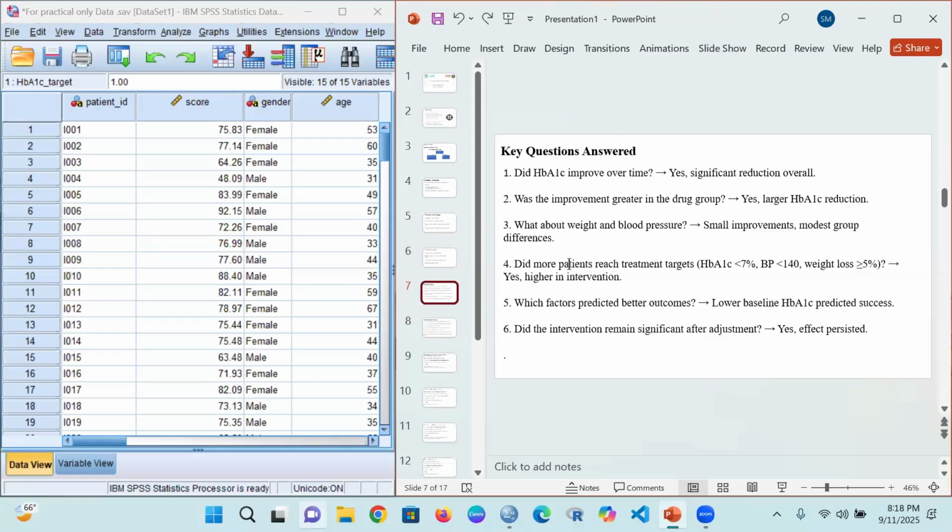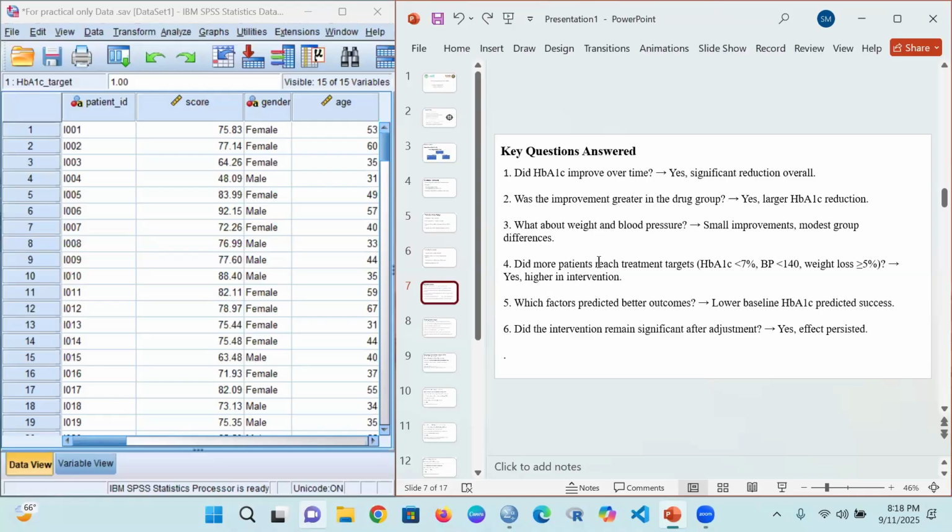Did more patients reach the target? You have also answered this question. The patients under the drug reached the HbA1c target of less than 7 compared to patients under placebo. So, which factor predicted HbA1c outcome?